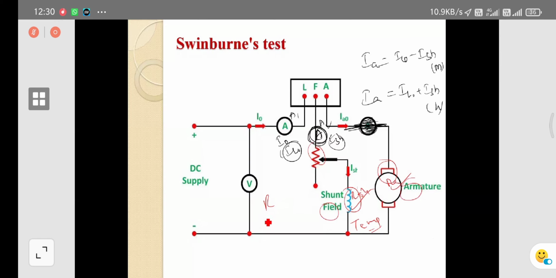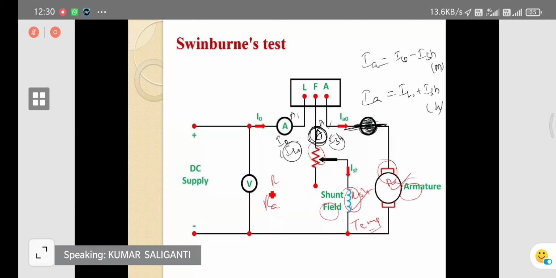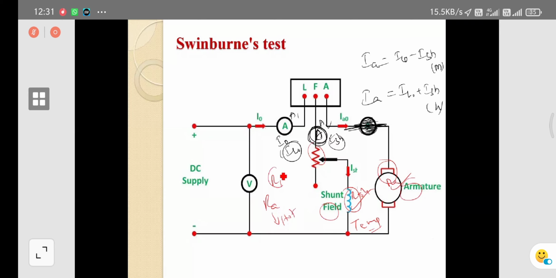Like RA, otherwise we can take R shunt dash, that is the hot temperature, the new value of resistance. This is the hot temperature resistance, and this is the armature resistance at room temperature.